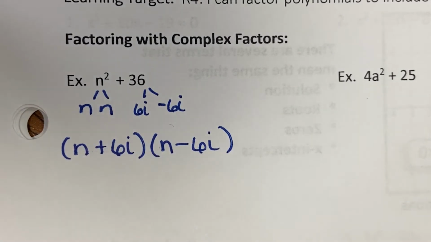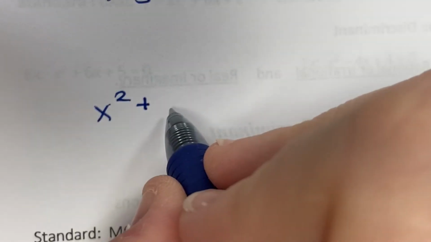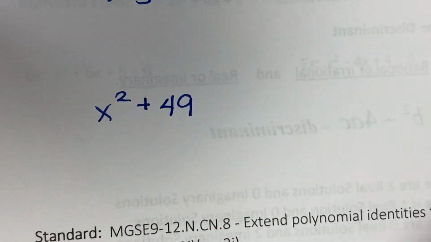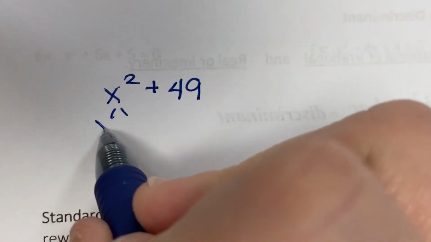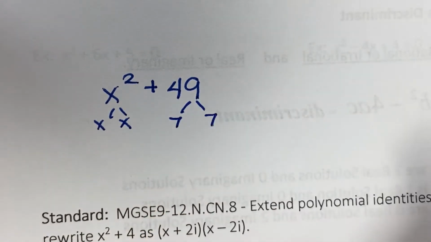If I had another example, I don't really want to waste space on here, but if I had x squared plus, I don't know, 49, like that. Well, then x squared is x times x, and 49 is 7 times 7, right?